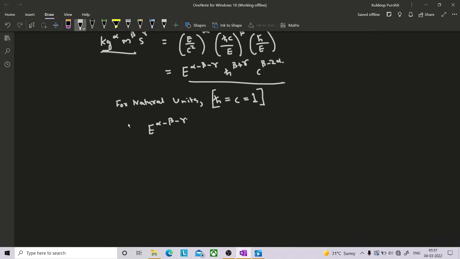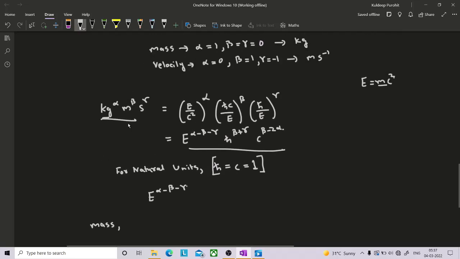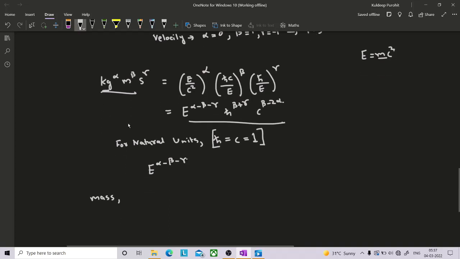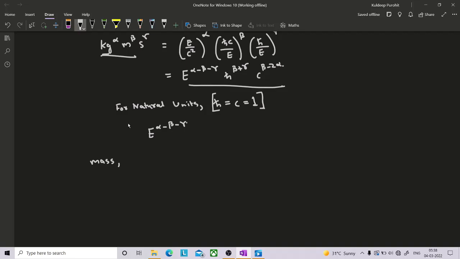Suppose now I want to write the dimensions of mass. For mass we have seen alpha is equal to 1 and beta and gamma are equal to 0. So the dimensions of mass will come out to be E to the power 1, because beta and gamma are equal to 0.